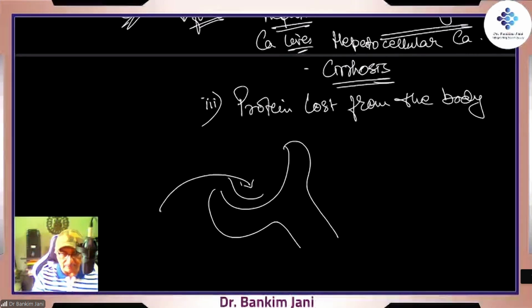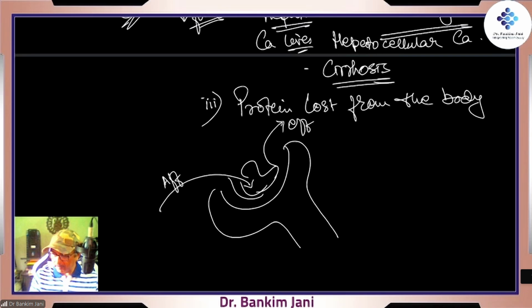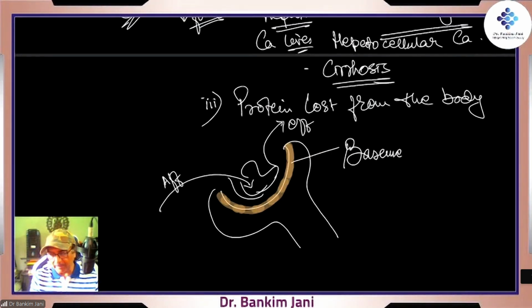Because in kidneys, this is the Bowman's capsule, and these are the tuft of capillaries which are formed over here, right? And these are the afferent, and these are the efferent, and the pressure is generated. But the area in which we are interested in is this area, which is very finely designed, and it is called as the basement membrane.